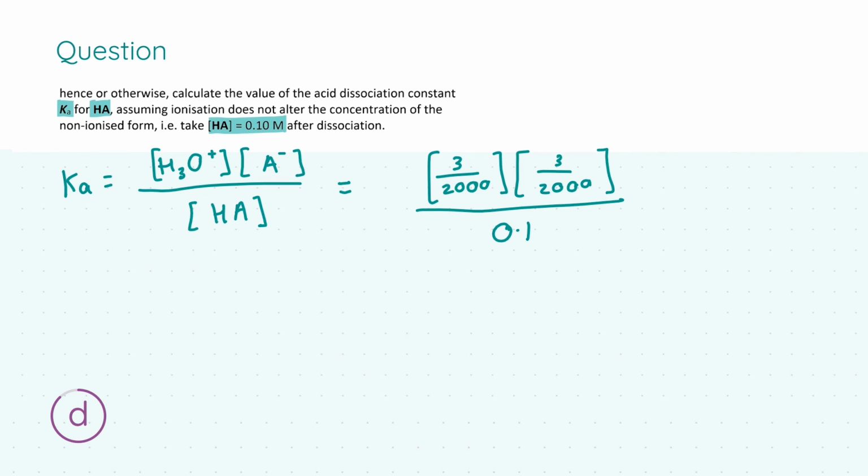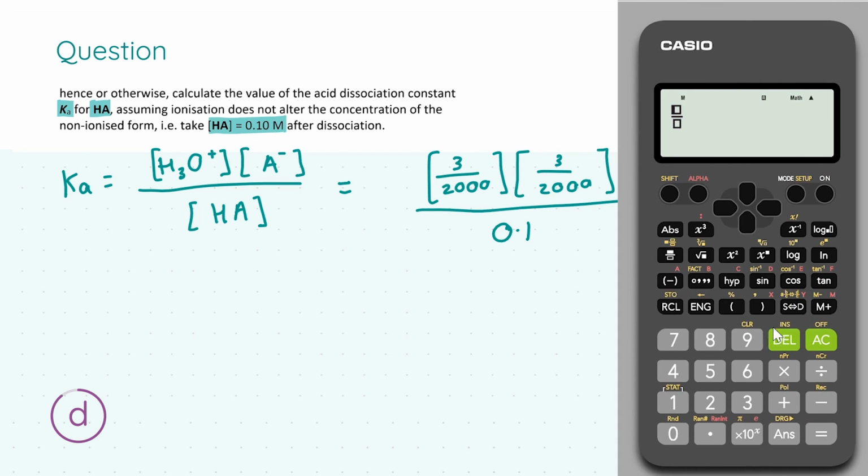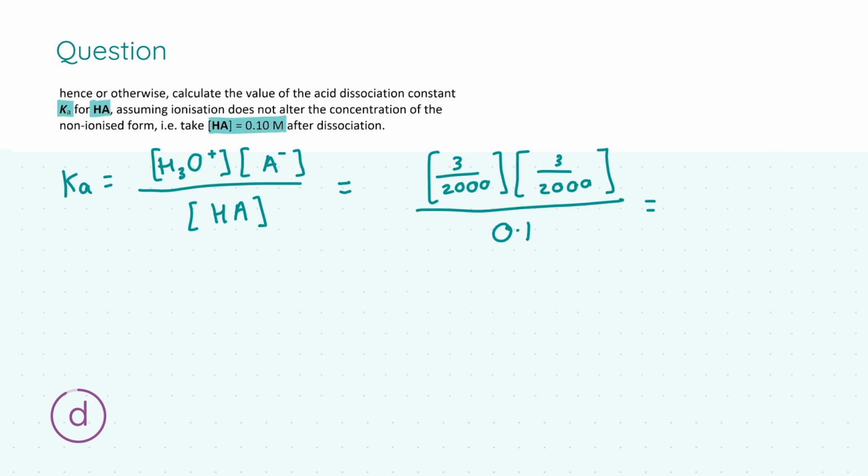Okay, so now let's just work out the value of Ka by just popping this into our calculator. And that gives us a value, and this is in scientific notation, which is perfectly fine, of 2.25 multiplied by 10 to the power of minus 5. Okay, so Ka is equal to 2.25 multiplied by 10 to the power of minus 5. And you're going to get 6 marks for that.